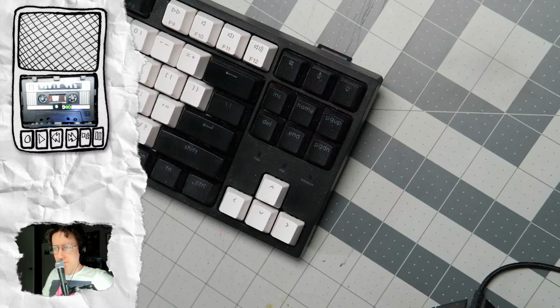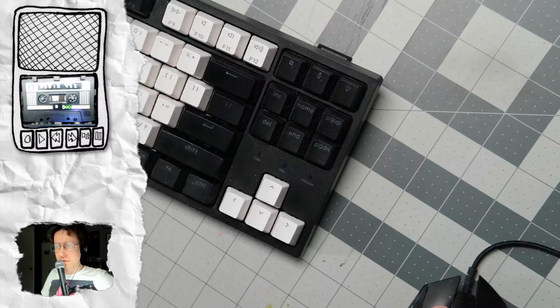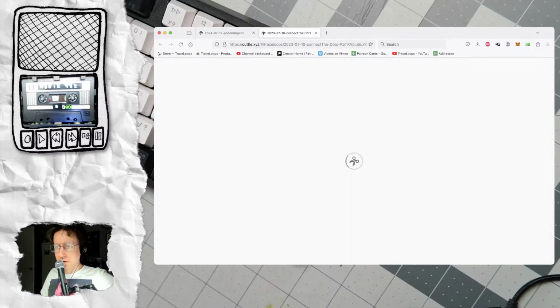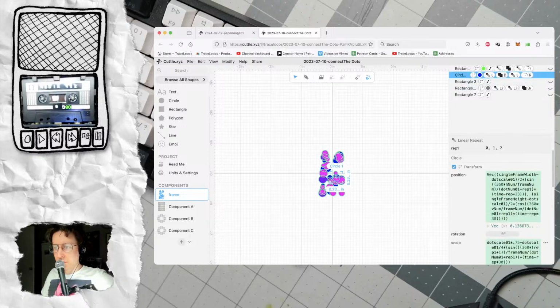So the best example of this is like the circle guys that are moving like this. Let this load a little bit. Okay. So this is frame circle.